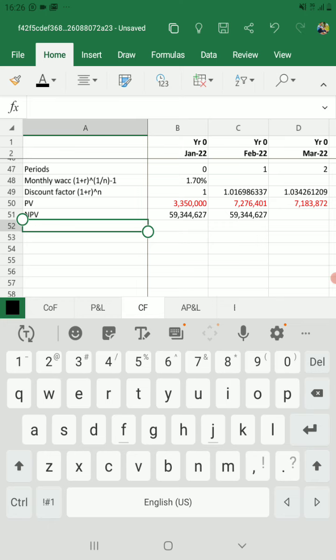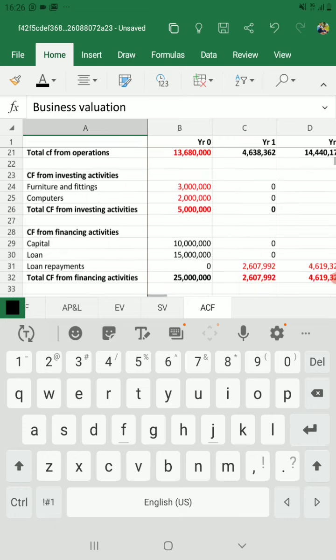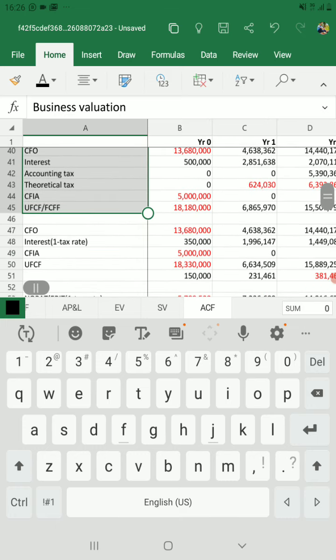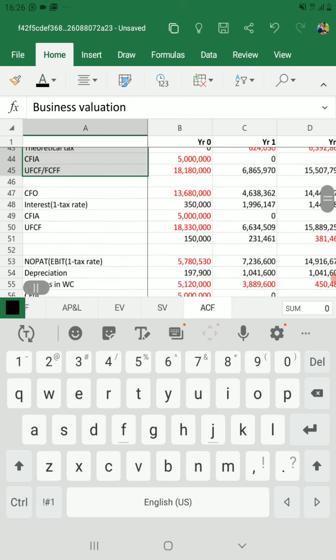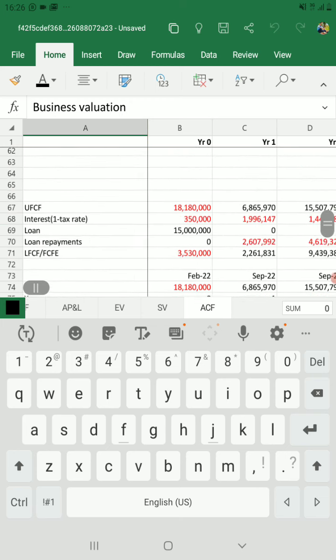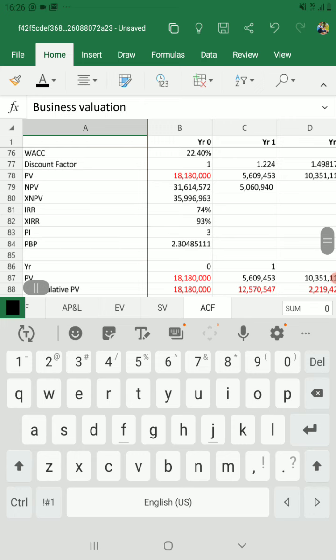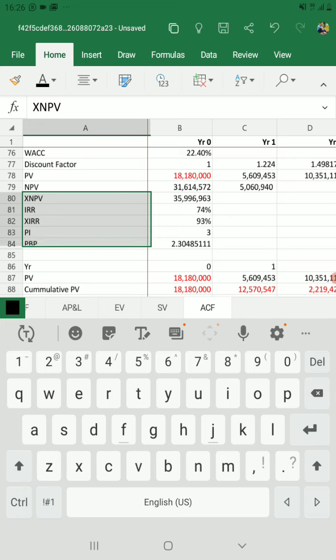Other valuation metrics, let me just go to the annual sheet and copy what we did to make our valuations. Yeah, after NPV there is XNPV, IRR, payback periods.